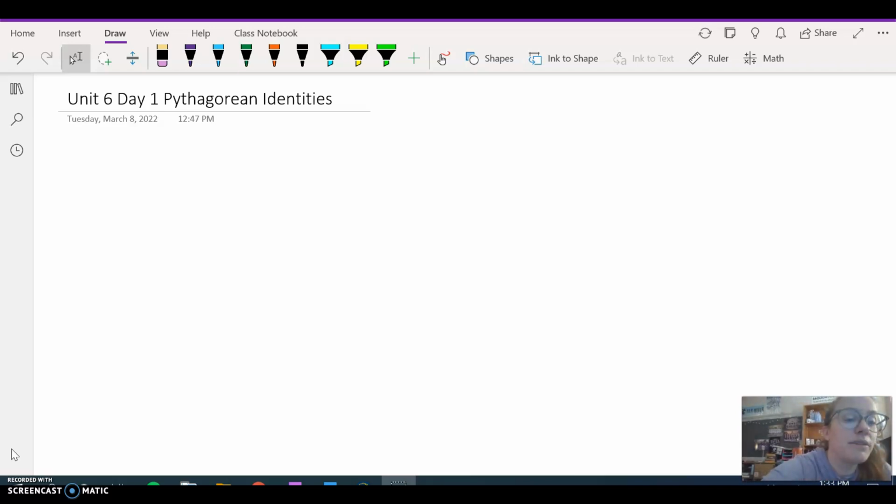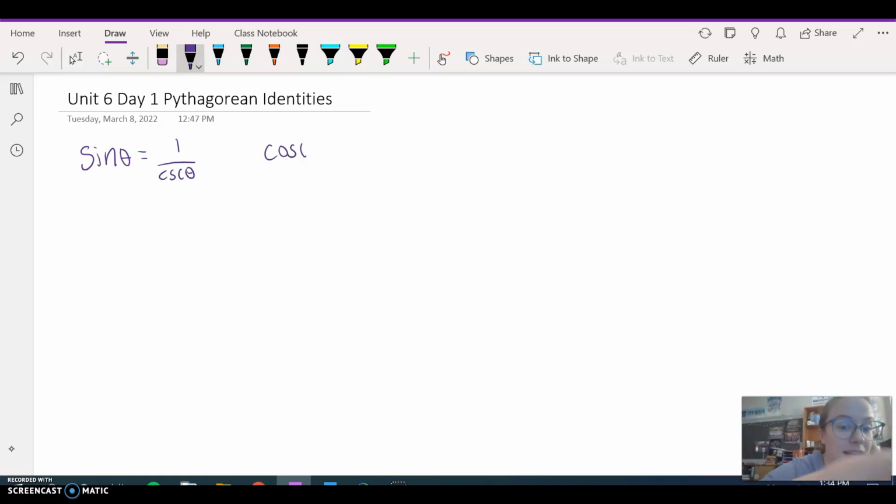So these are called our reciprocal identities. Sine theta equals 1 over cosecant theta. Cosine theta equals 1 over secant theta.